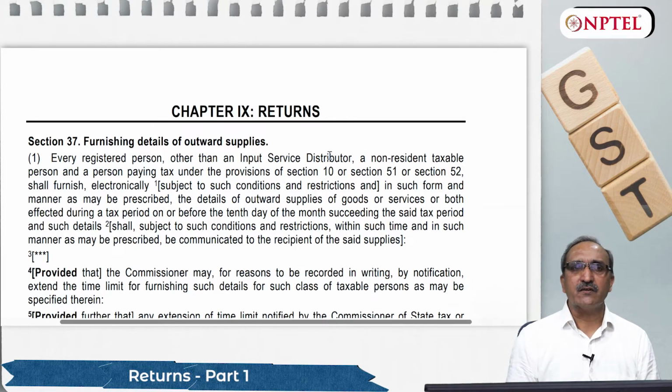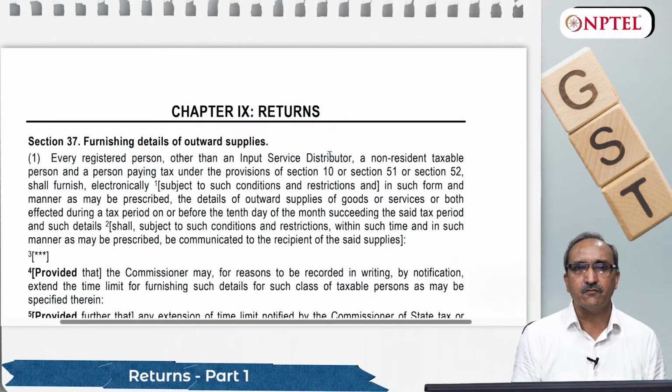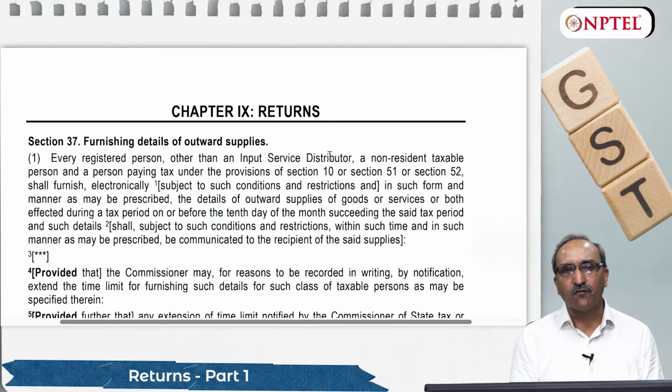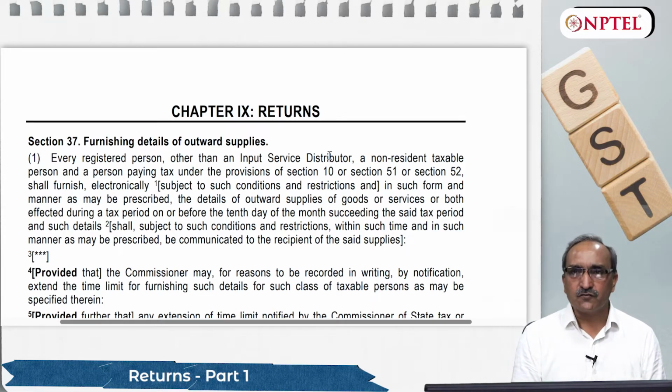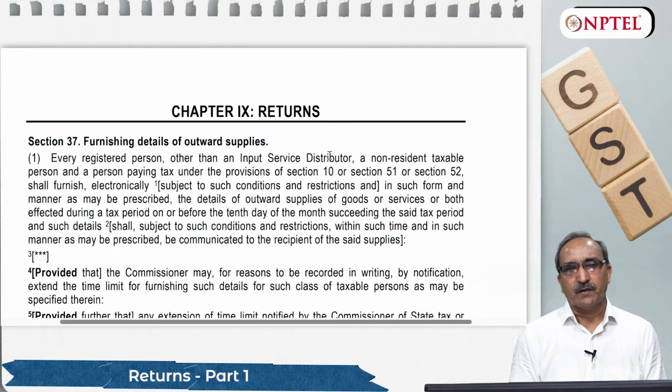So that person shall furnish electronically, meaning through the GST portal, subject to such conditions and restrictions. There may be some conditions and restrictions, we will see that, in such form and manner as may be prescribed, the details of outward supplies.